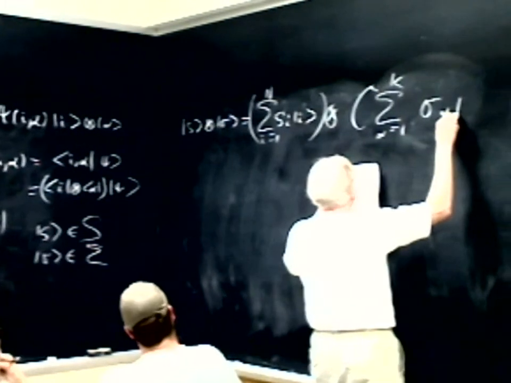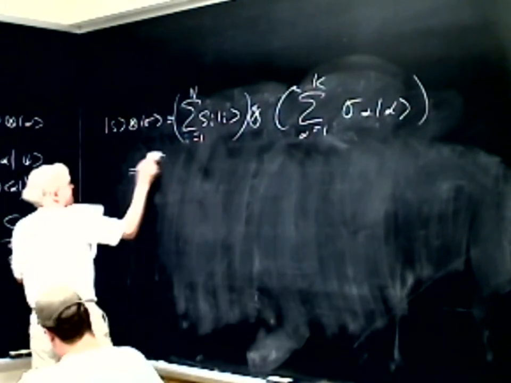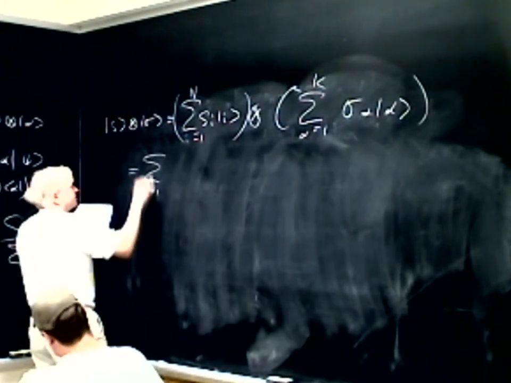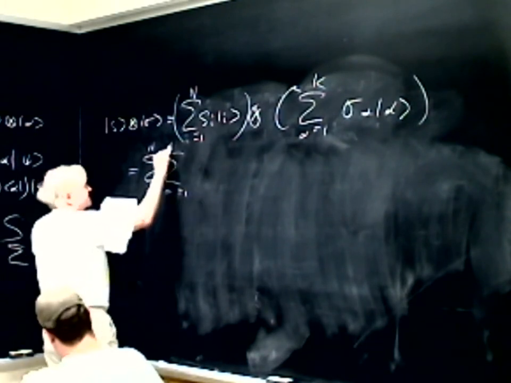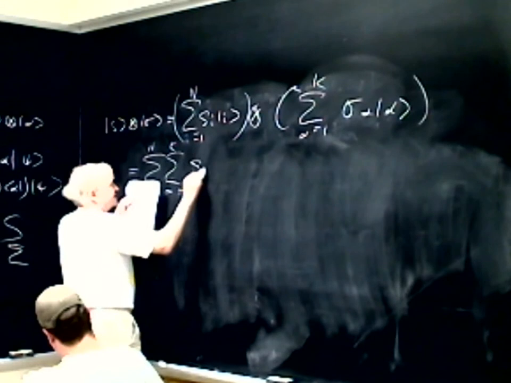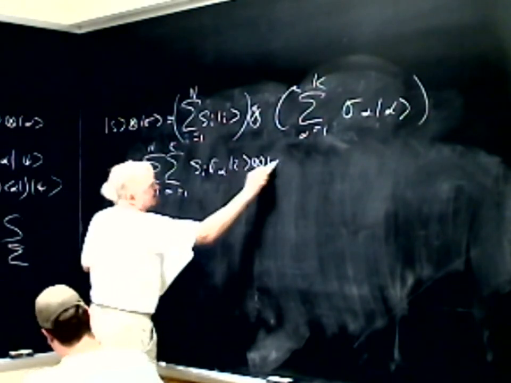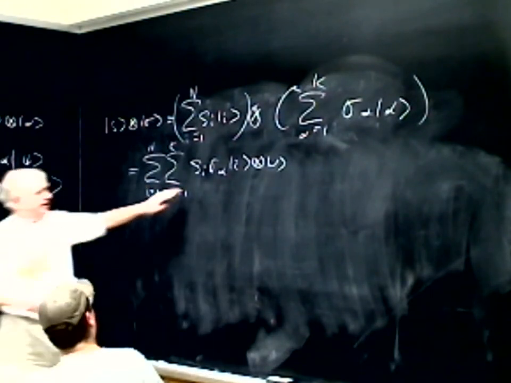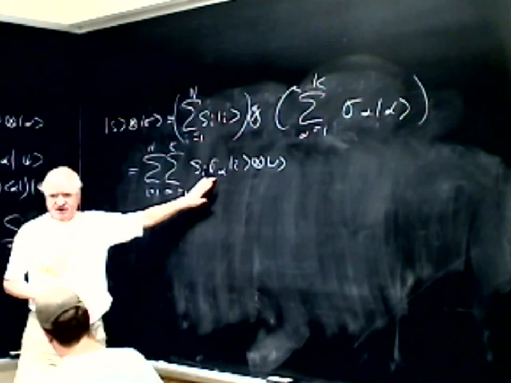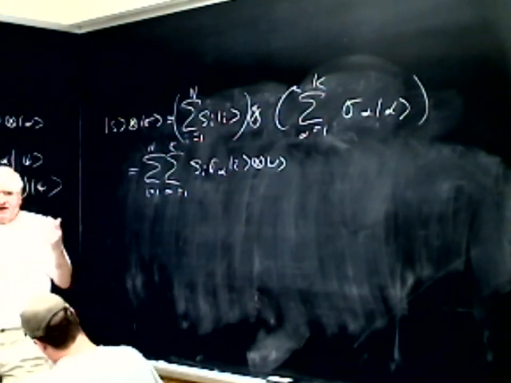And so this is the sum i equals 1 to n, α equals 1 to k, s_i σ_α times |i⟩ cross |α⟩. Well, here there are again 100 coefficients, but they're made out of 20.